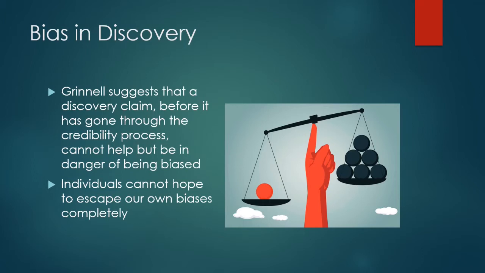So this is why he thinks that before it's gone through the credibility process, we can't help but be in danger of being biased. Now this rests on the idea that individuals, as individuals, can't escape the danger of bias.